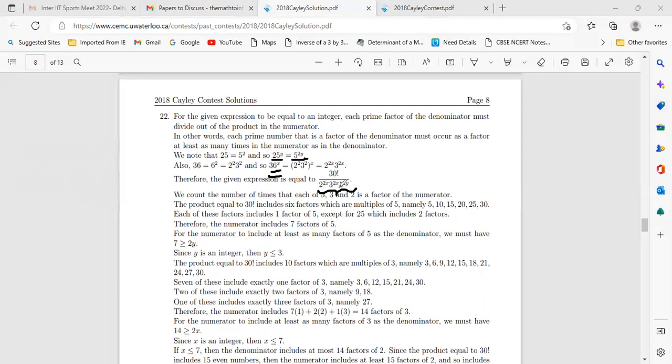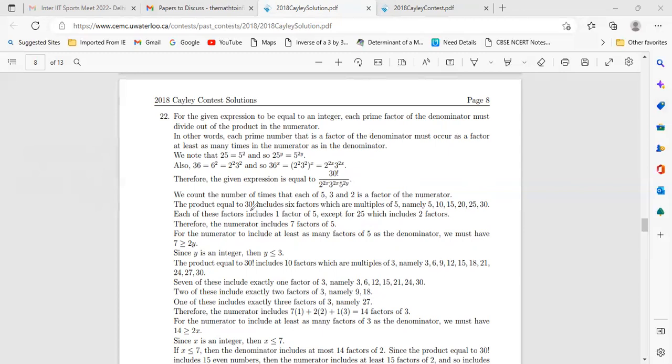So here in the denominator they have simply replaced 36 power x and 25 power y as 2 raised to the power 2x, 3 raised to the power 2x, and 5 raised to the power 2y. So now you have 2, 3, and 5. So they're saying that these three numbers are the factors of the numerator, factors of the 30 factorial.